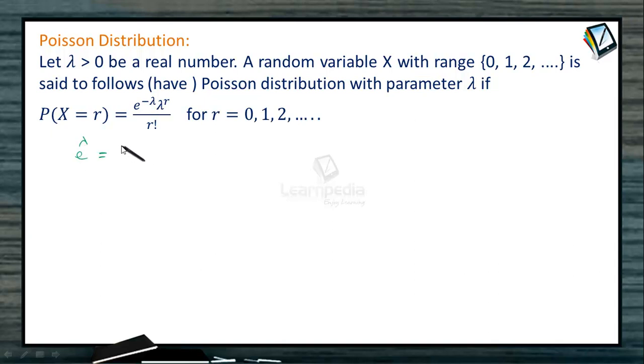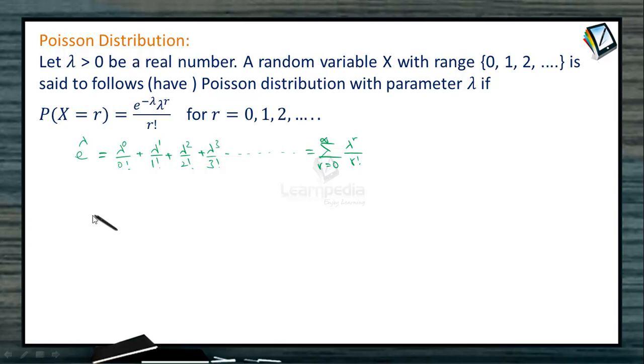Yes, it would be lambda to the power of 0 by 0 factorial plus lambda to the power of 1 by 1 factorial plus lambda square by 2 factorial plus lambda cube by 3 factorial, and so on up to infinite terms, which is in short denoted in sigma notation as sigma r equal to 0 to infinity lambda to the power of r by r factorial, the value for e to the power of lambda.